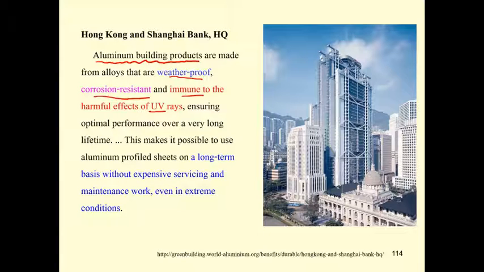Okay, it has a good design for the long-term basis. And from the website, it said this is not going to be an expensive building because the maintenance cost is going to be low, and it can withstand a lot of extreme conditions. This is one example of modern structure, and you may see around it is built by concrete structure.